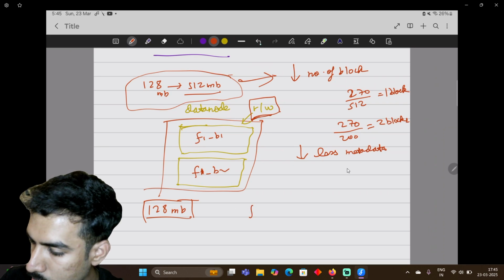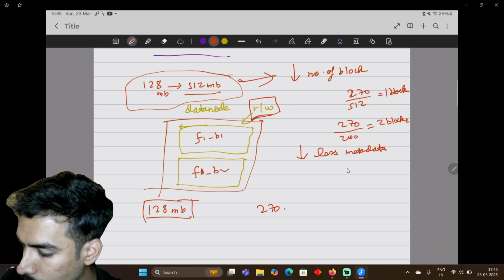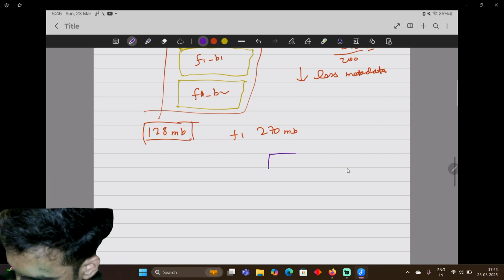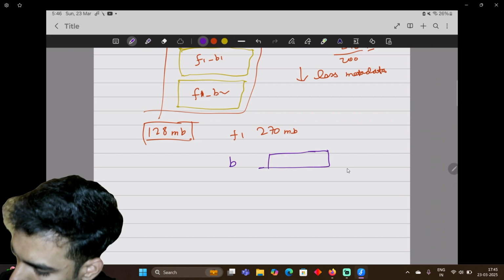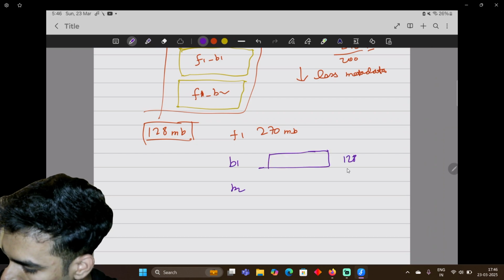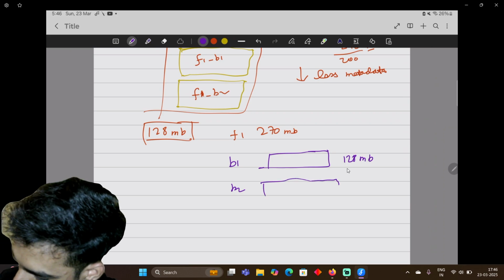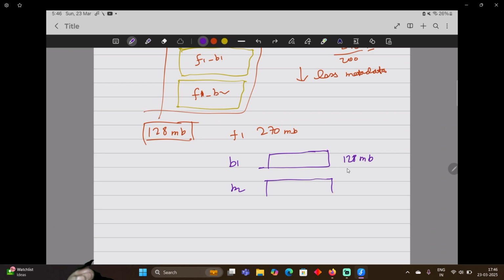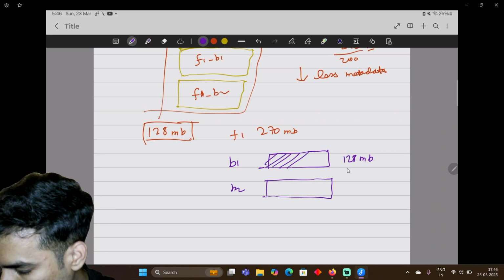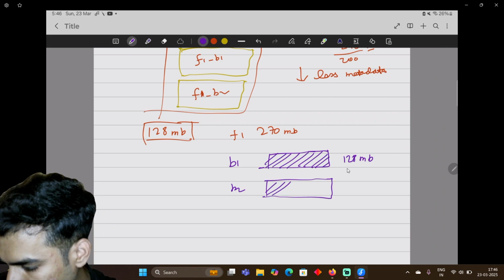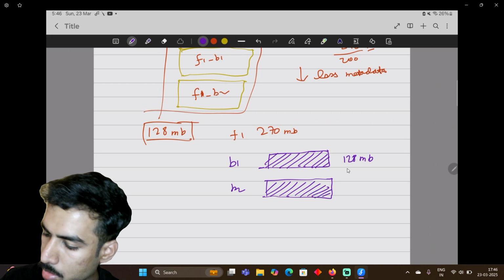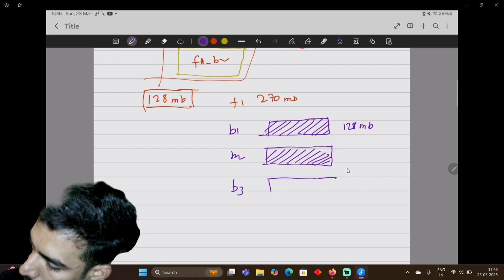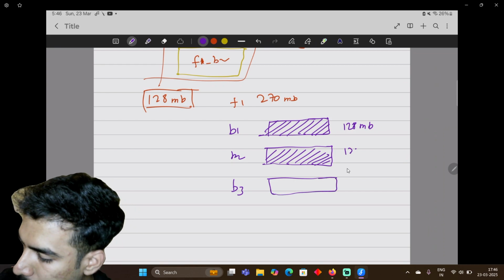We were thinking because the F1 size was 270 MB. It was getting stored in 3 blocks, B1, B2 of 128 MB each, and B3. 256 MB is occupied till here.